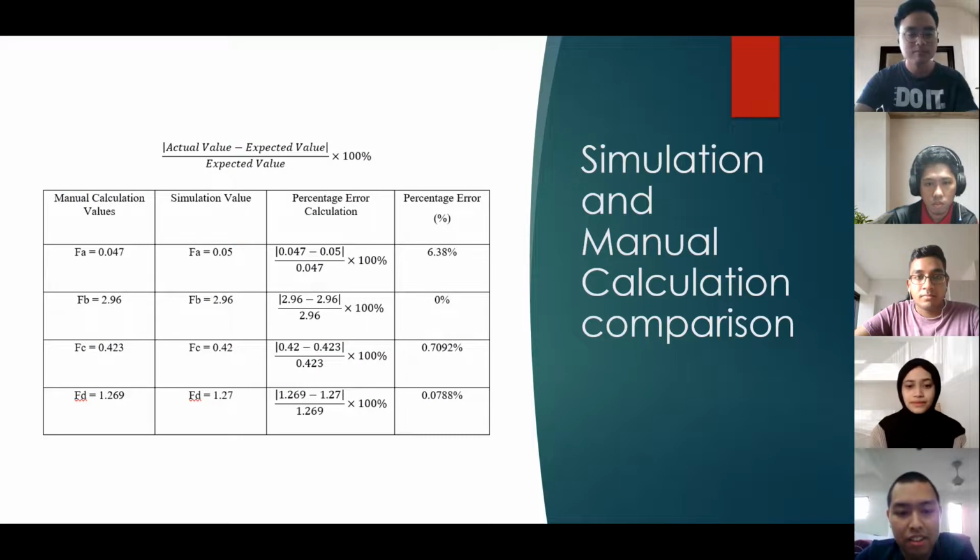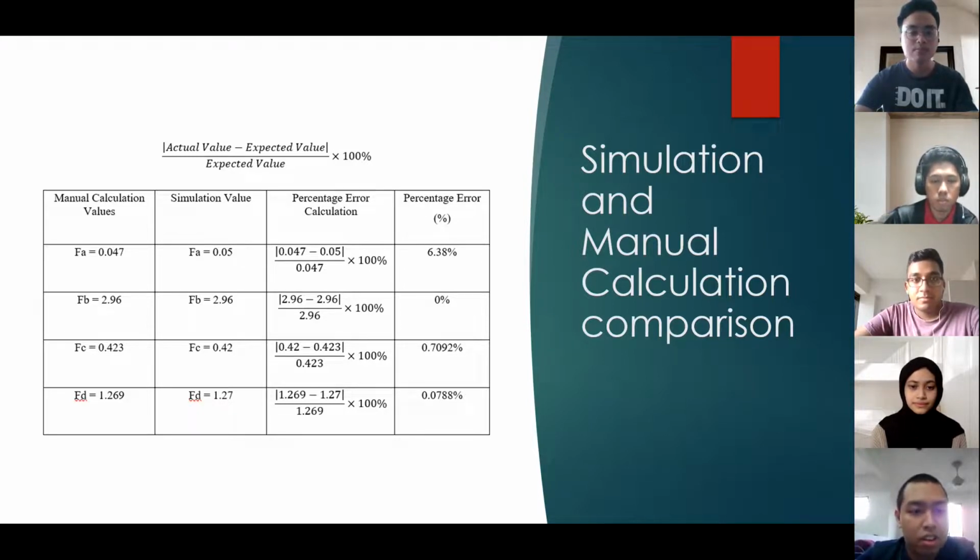Okay, thank you, Adham. I, Imran, will be continuing the process modeling and simulation part. So right here, after simulating the process, we have taken its values, and we would compare them to the manual calculation that has been done in the reaction engineering part.